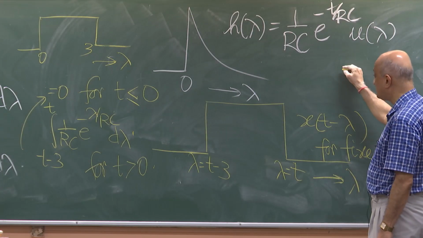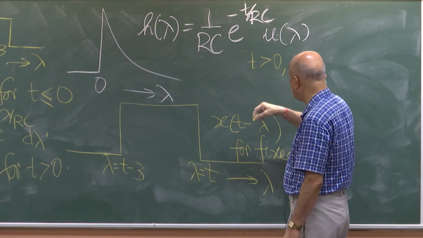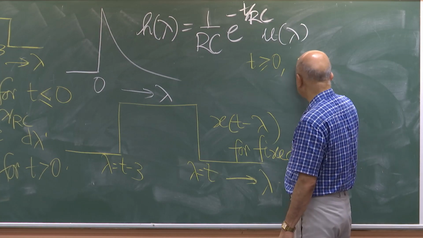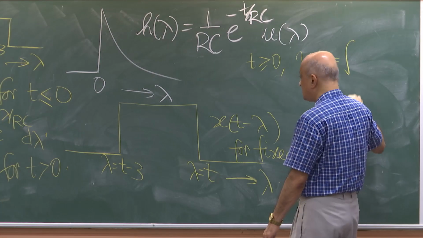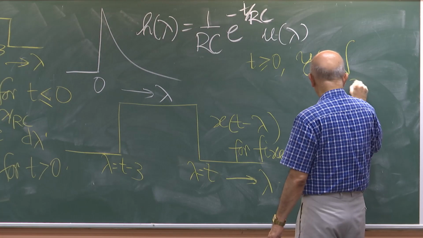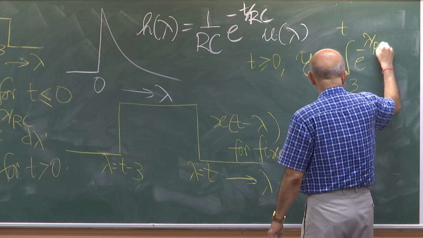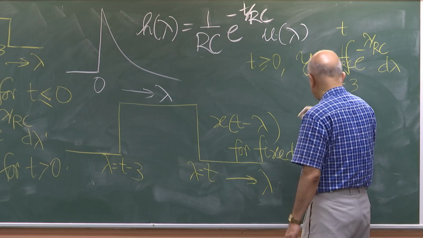For t greater than or equal to 0, how much is this y of t, which is the integral from t minus 3 to t of e raised to the power minus lambda by RC d lambda times 1 by RC? How much is it?